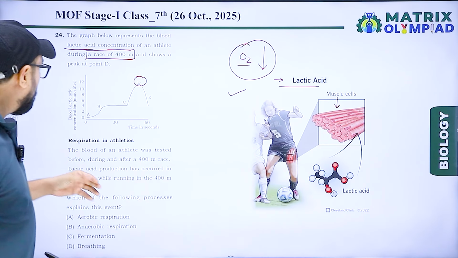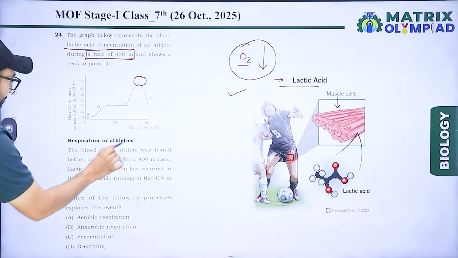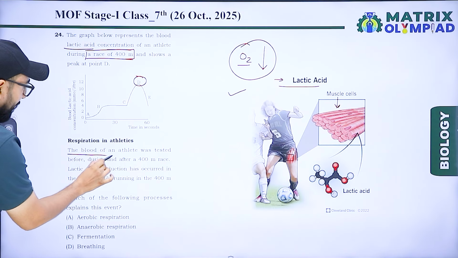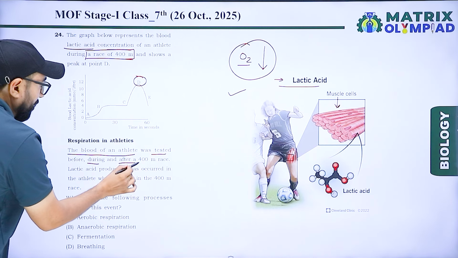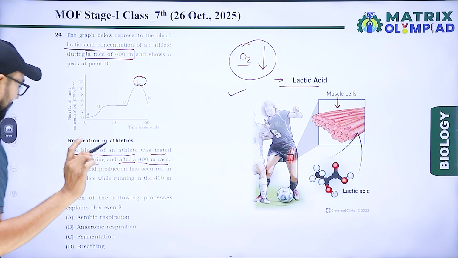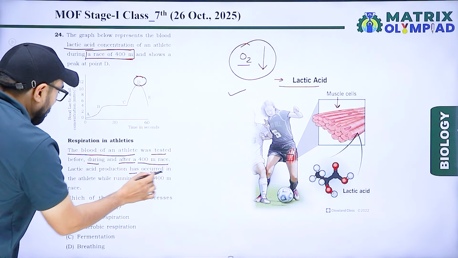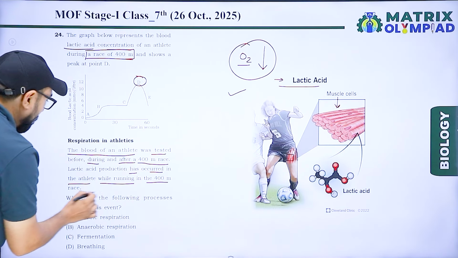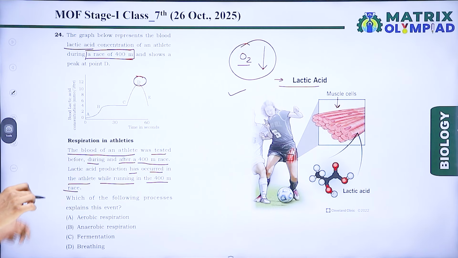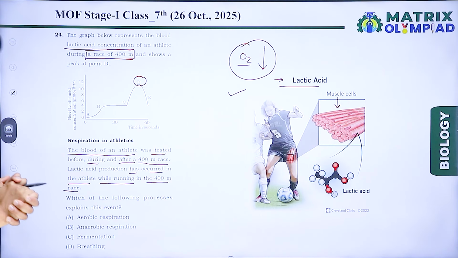So, according to the graph, respiration in the athlete: the blood of an athlete was tested before, during and after a 400-meter race. Lactic acid production has occurred in the athlete while running the 400-meter race. Which of the following processes explains this event?